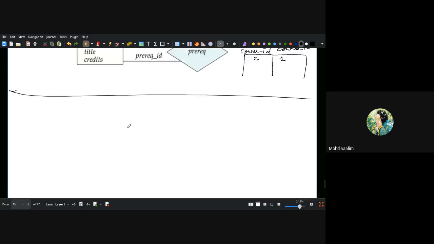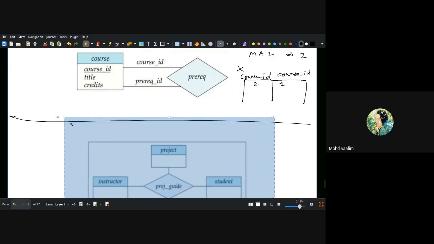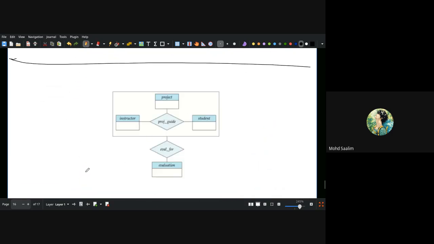So let me find one example for that. Yeah, this diagram is explaining two concepts that I want to discuss. So you can see what type of relationship this proj guide is.